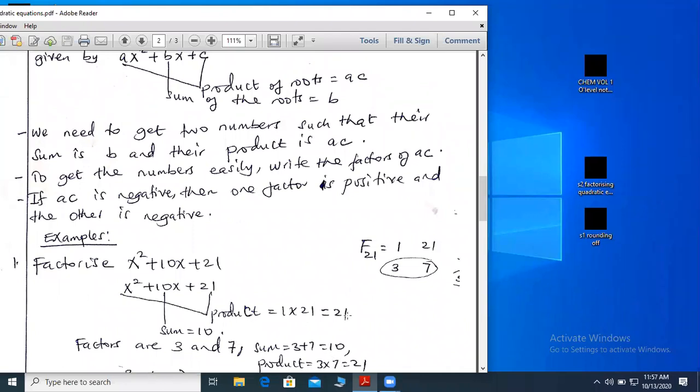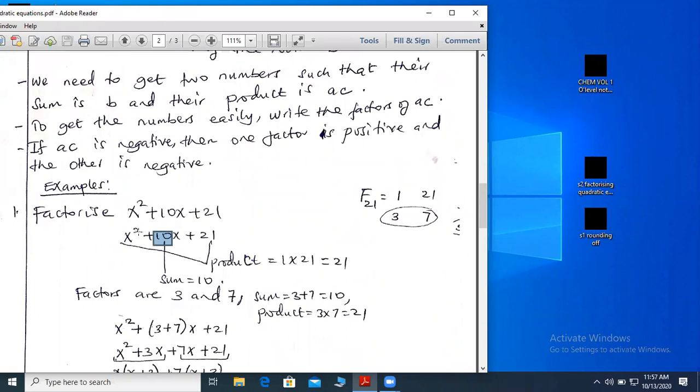When I get my factors as 3 and 7, I bring those numbers and put them in place of 10, because 3 plus 7 is equal to 10. So my equation becomes x squared plus, where there is 10, I put the factors, 3 plus 7, into x plus 21.